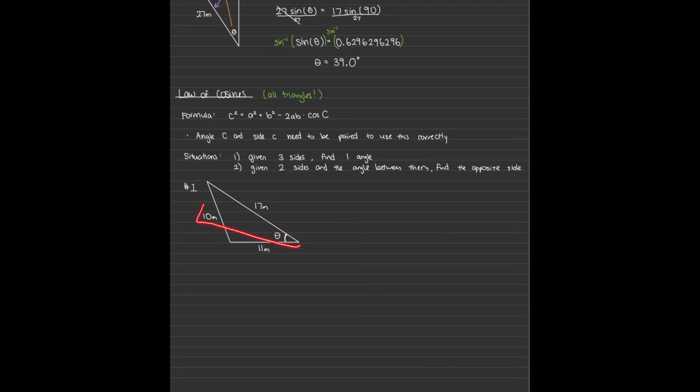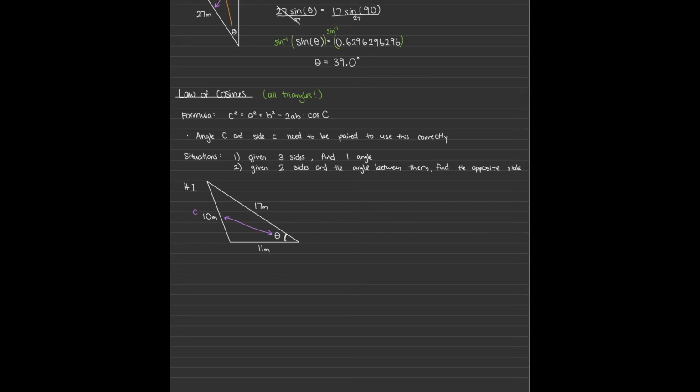So in this case, that is the side 10 meters and our angle theta. So there's our side angle pair. And so the side 10 is going to be little c, and theta is going to be my capital C.